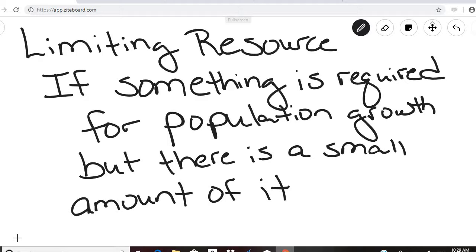If that plant is in limited supply, if there's only a small amount of it, that plant is going to limit the ability of that animal to grow in population or to maintain a certain population, because that plant is required for population growth of that particular animal. So that's a limiting resource.